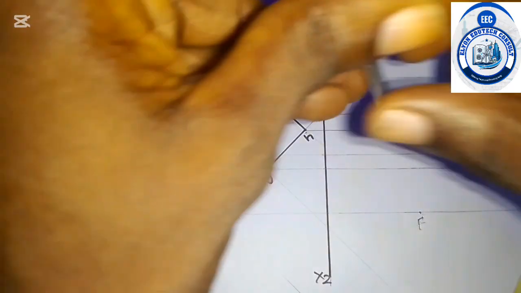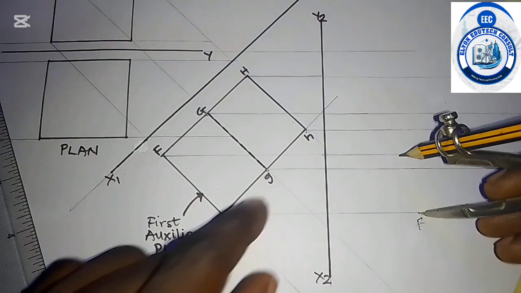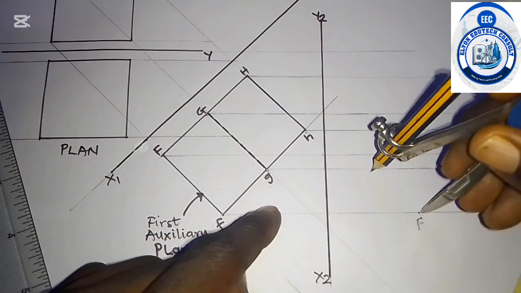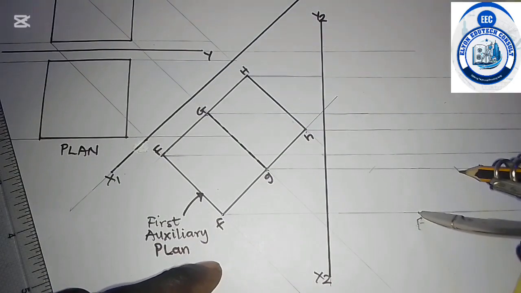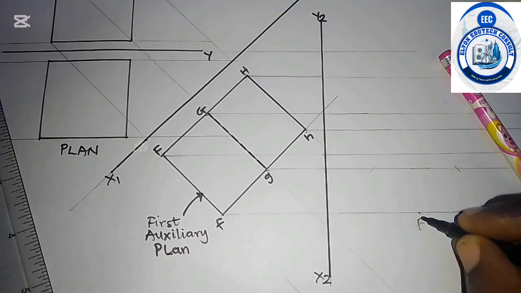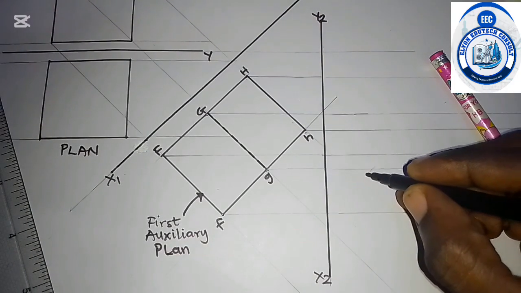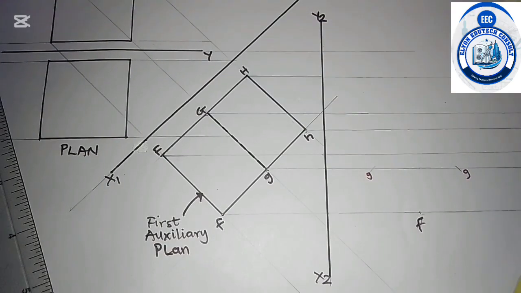Needle on the small f. I'm going to strike the line of small g this way, and at the other side as well. So this is my small f, this will be small g, and here as well small g.